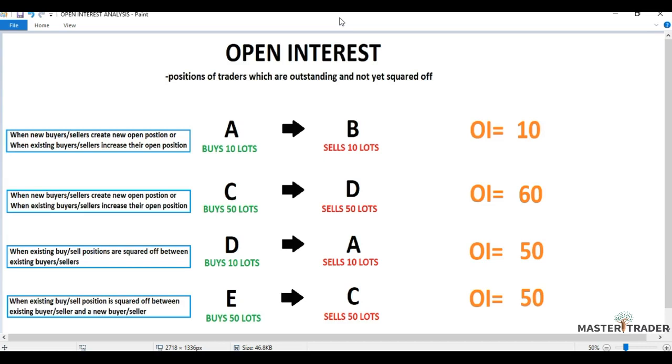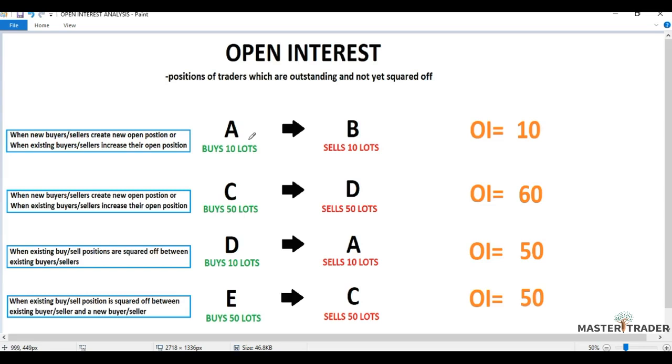They're still open. So that was just a brief on open interest. Let's look at a few examples in this table. Let's say that A, who's a new buyer, buys 10 lots of Nifty from B, who is a new seller, and B is selling 10 lots.